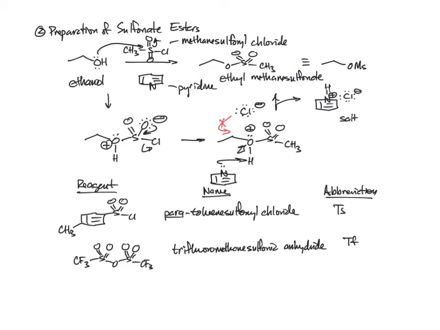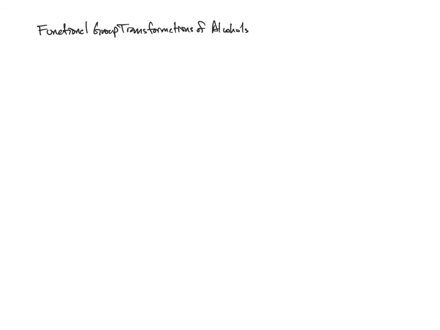And again, this all ties together in the sense that you learn spectroscopy in the first semester so that when you introduce another functional group into a molecule, you can then identify it using spectroscopic methods. So in continuing on with functional group transformations of alcohols, let's go ahead and use that reagent from the prior slide.